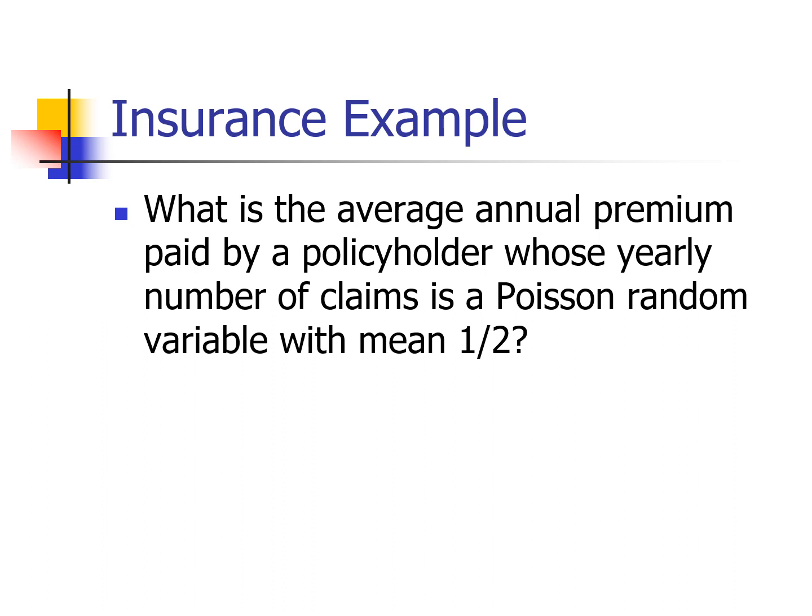What is the average annual premium paid by a policyholder whose yearly number of claims is a Poisson random variable with a mean of 1/2? So that lambda is 1/2, which means that we could now solve for those A's.